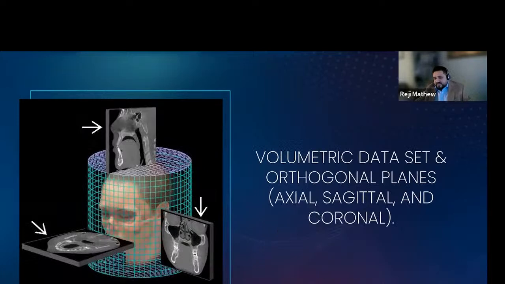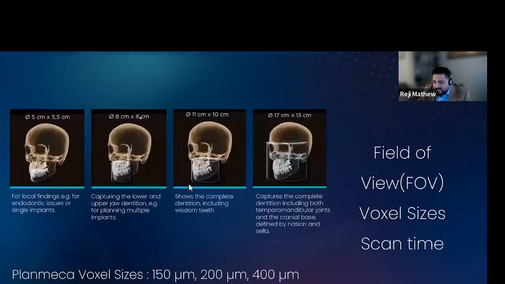This is sent back to a computer which uses a Feldkamp algorithm to create the images that we see. That is a very short description of how a CBCT is acquired, and I could go into details, but as a clinician, I think that's probably enough to understand what a CBCT is.